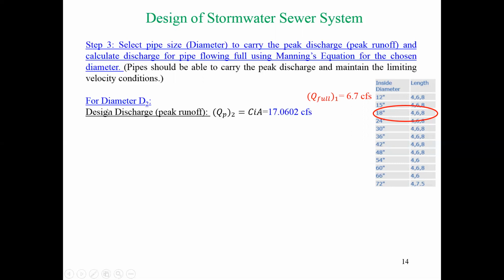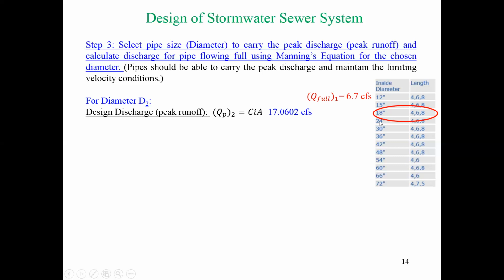This D2 is carrying the water from area 2, and at the same time it's carrying all the water from pipe D1. So obviously pipe size D2 will be larger than the pipe size D1. As for D1, we got 18 inch. For D2, I would like to start from 24 inch.